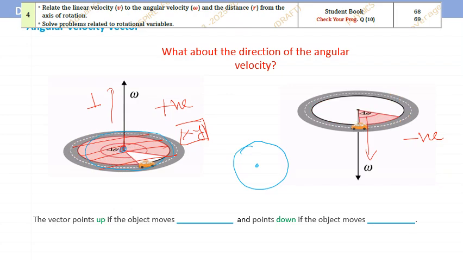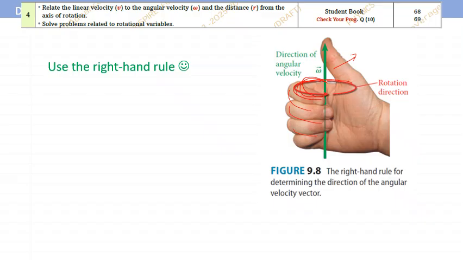To find the direction, you can use your right hand: the forefinger you hold in the direction of rotation, and the thumb will give the direction of the angular velocity. If it is rotating counterclockwise, then the direction of angular velocity will be upward. If it is rotating clockwise, then it will be down.